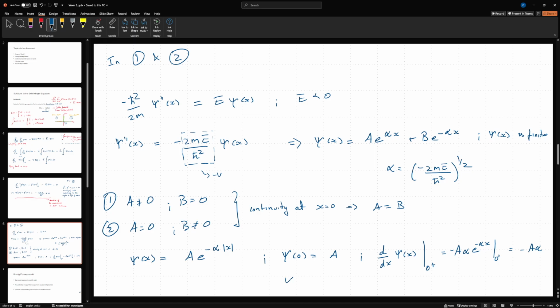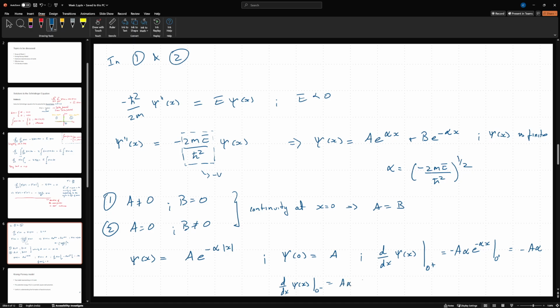And similarly, if I were to work out d by dx psi of x at 0 minus, there will be no negative sign in the exponent.